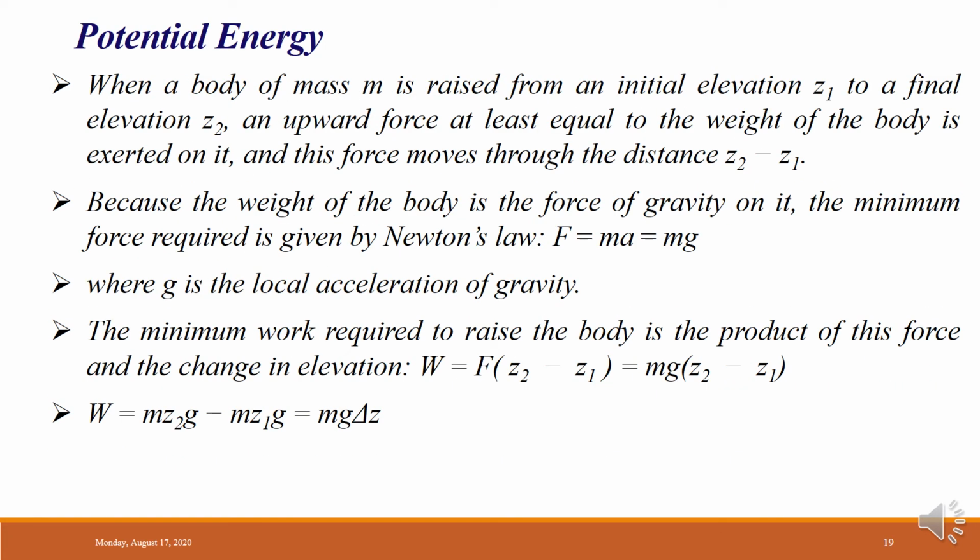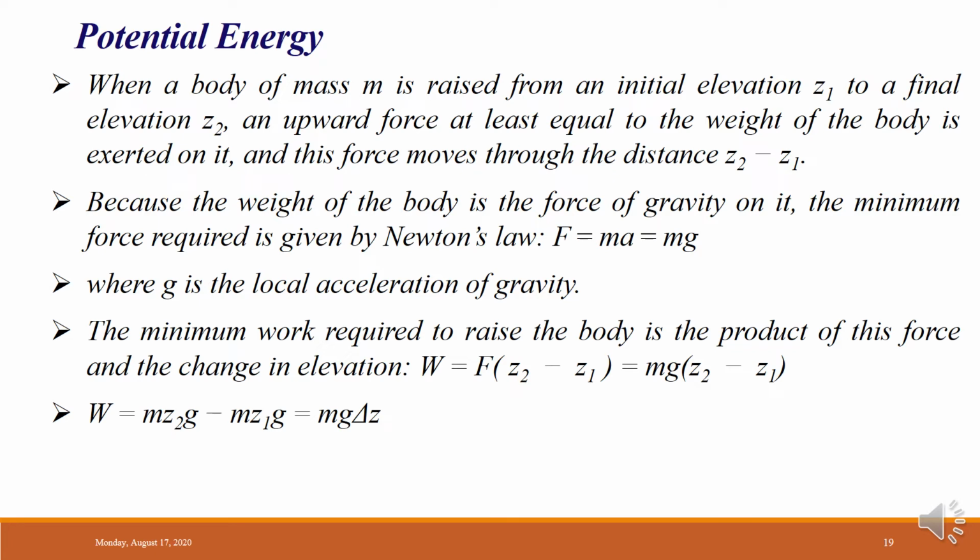Next is potential energy. When a body of mass m is raised from initial elevation z1 to final elevation z2, an upward force at least equal to the weight of the body is exerted on it, and this force moves through the distance z2 minus z1.